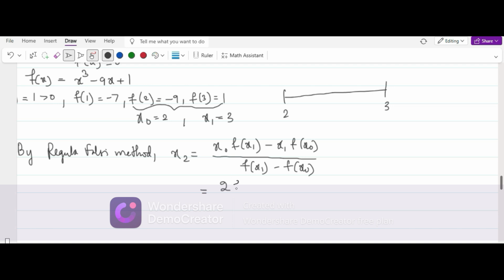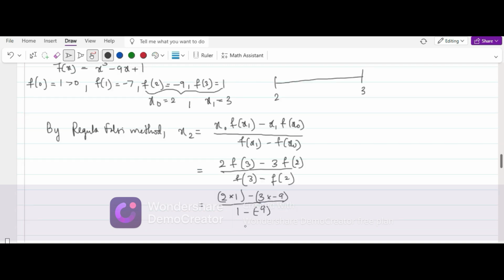ರೈಟ್ ಆಲ್ಮೋಸ್ಟ್. So x2 is x0 minus f of x0 into x1 minus x0 divided by f of x1 minus f of x0. What is x1? x1 is 3, and f of 3 minus f of 2, right?